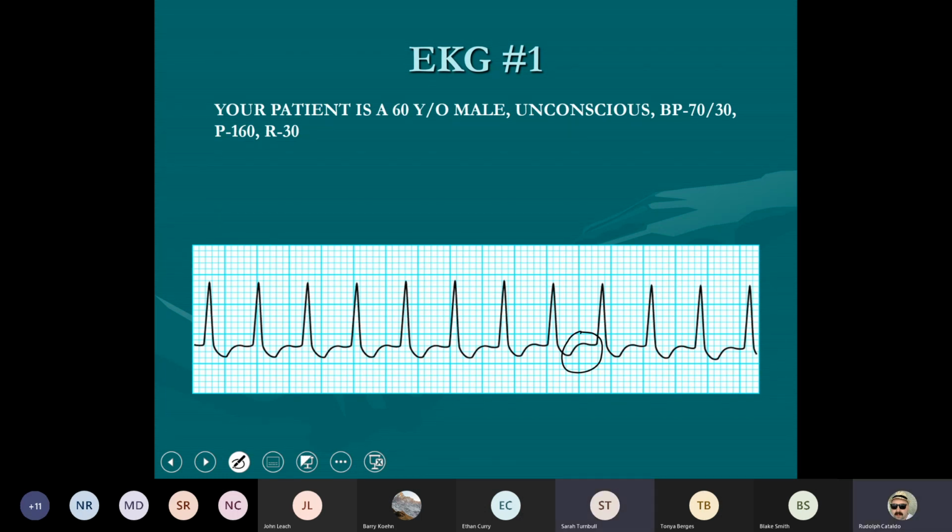AFib? Nope. Remember, AFib is irregular, right? SVT. Oh yeah, SVT. Okay. SVT. So tell me why it's SVT, Sarah. What are the characteristics of it? I'm fast.